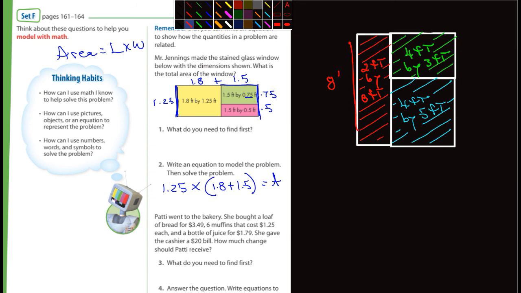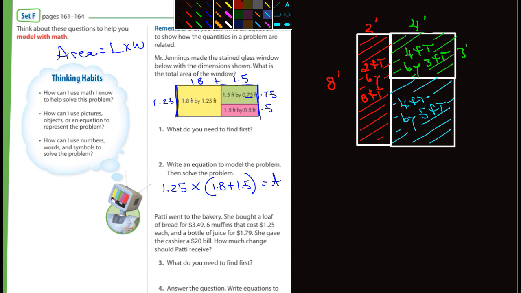And the 2 feet is going to be the shorter length here. That's going to be 2 feet. Then look at the green. The green is 4 feet by 3 feet. Well, I think you could tell this is going to be 4 feet, and this length here, right here, that's going to be 3 feet. And then the blue here, 4 feet by 5 feet.